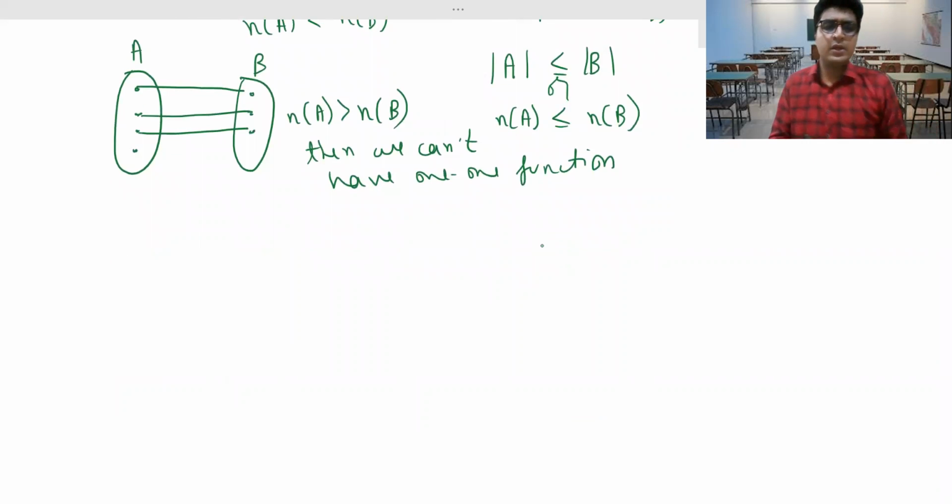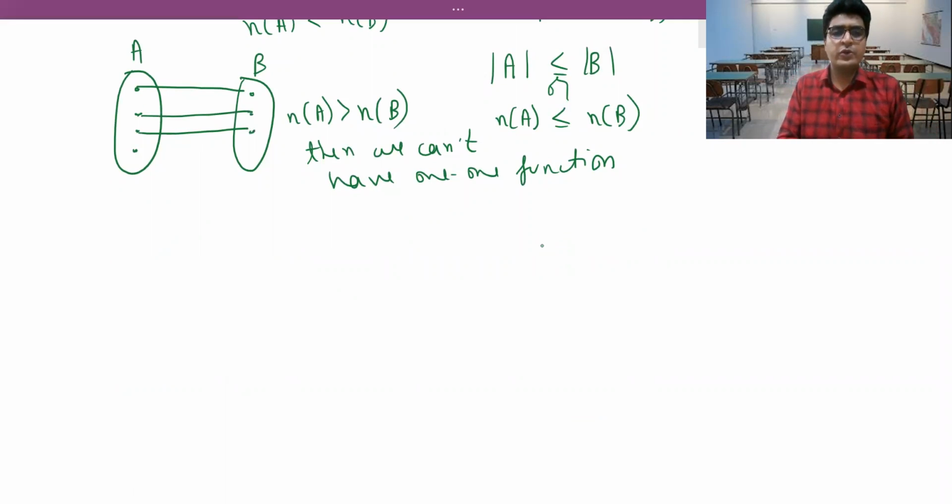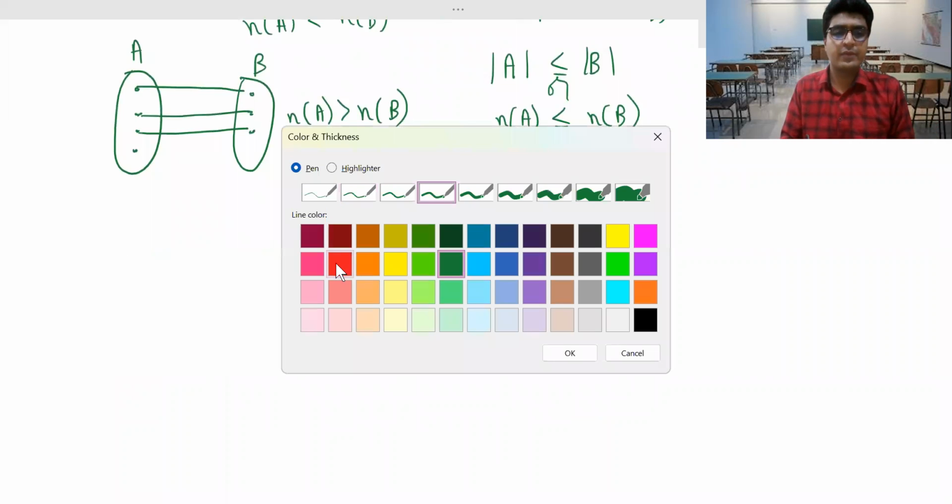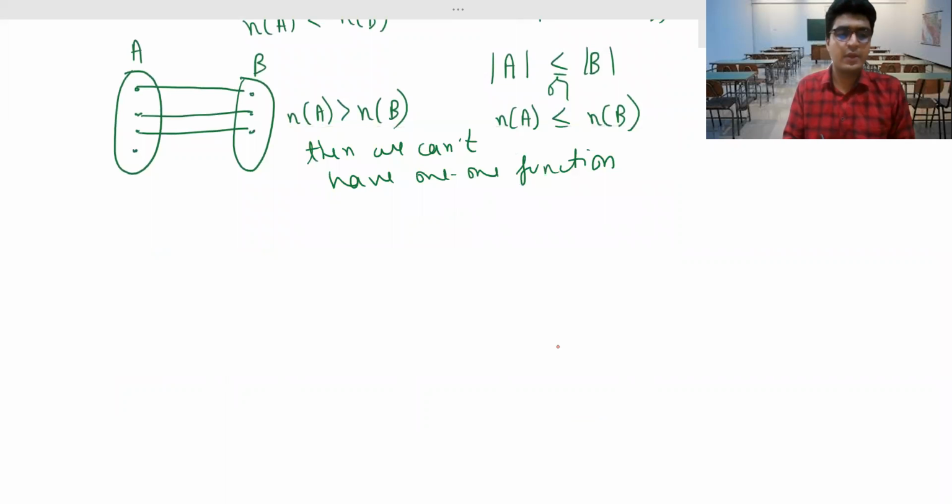Okay. Now let's move on to surjective functions. Surjective, or you can say onto functions.